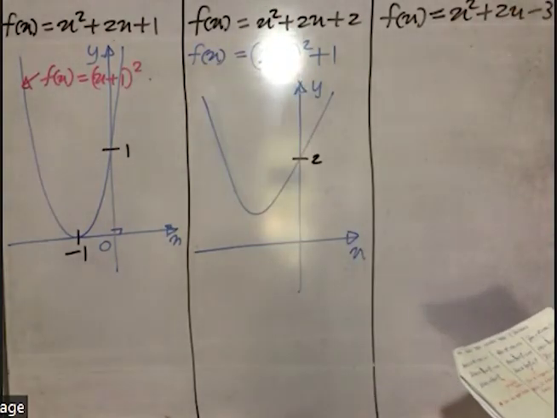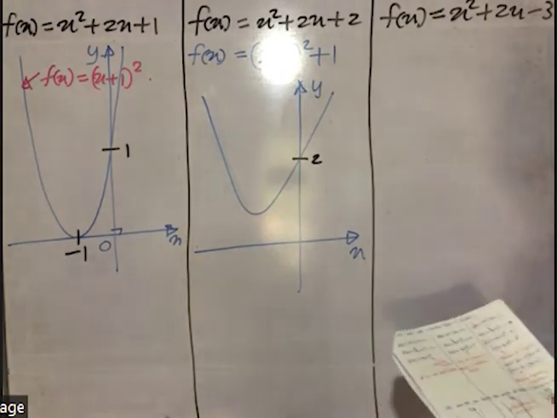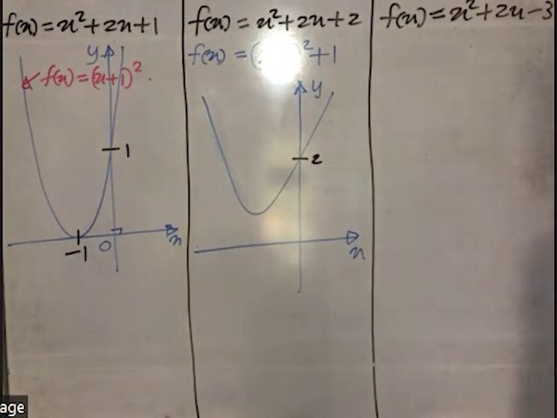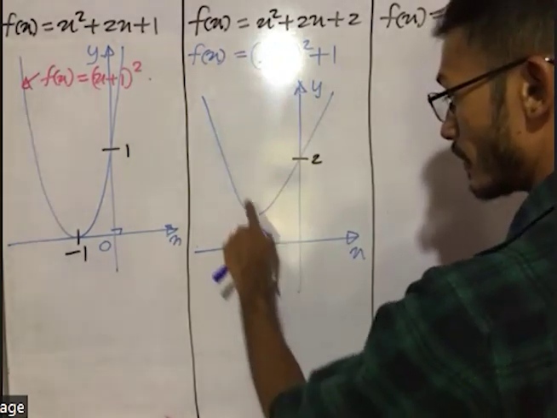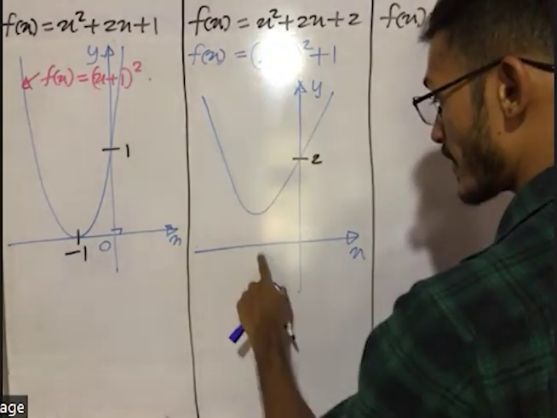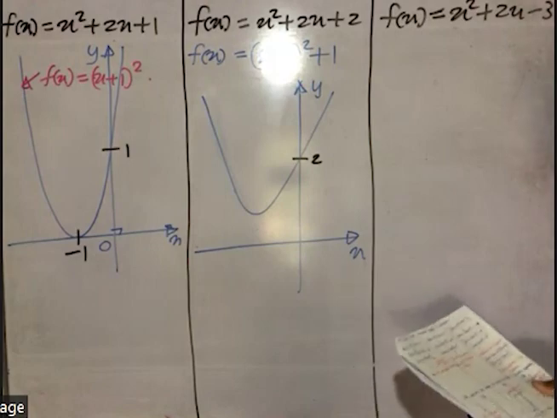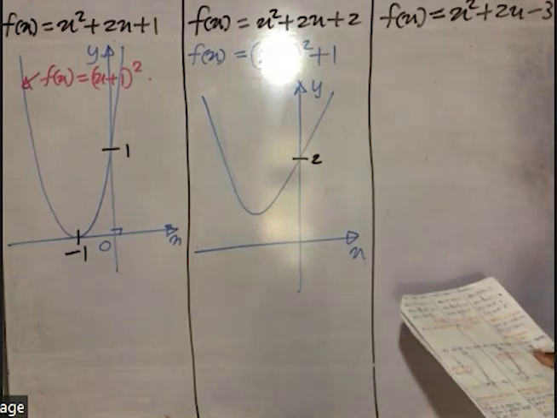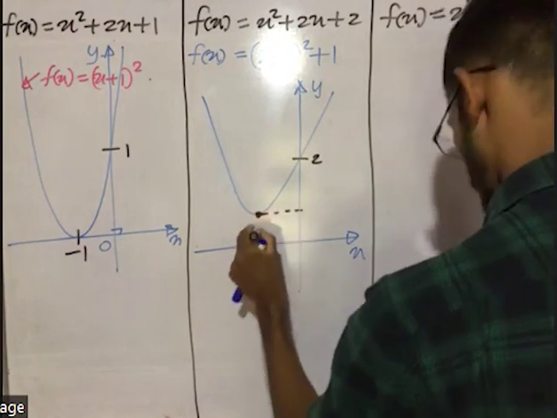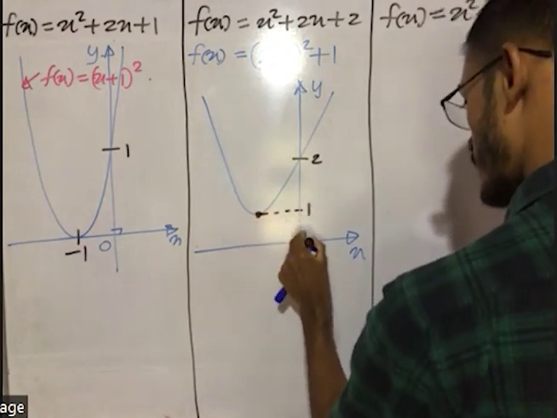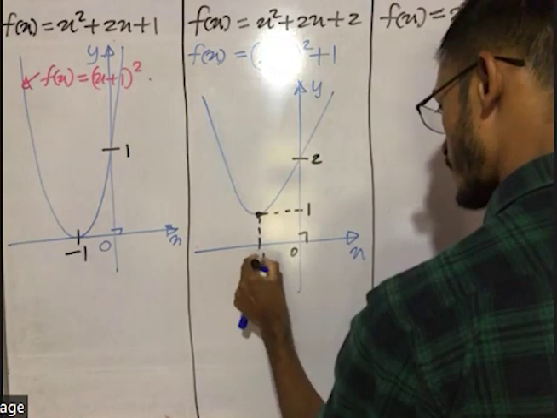When y equal to 0, there are no intercepting values because there are no intersection points with the x-axis for this graph, right? Okay. Now, here this is the minimum point. This one is 1, here 0, and this is minus.